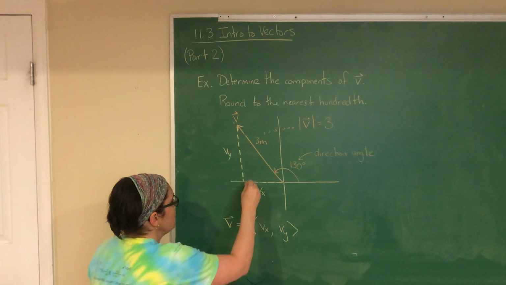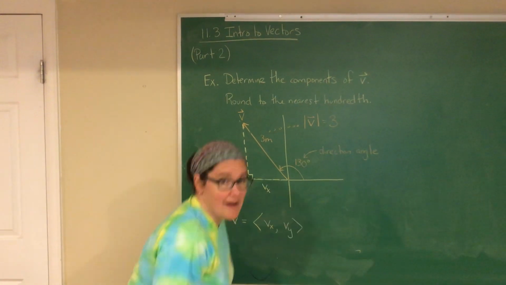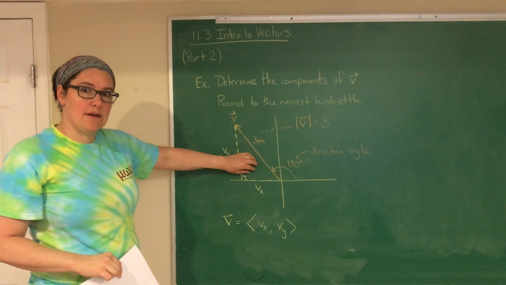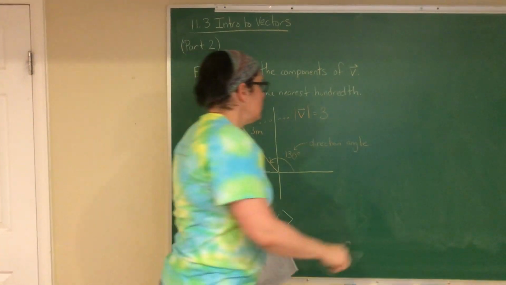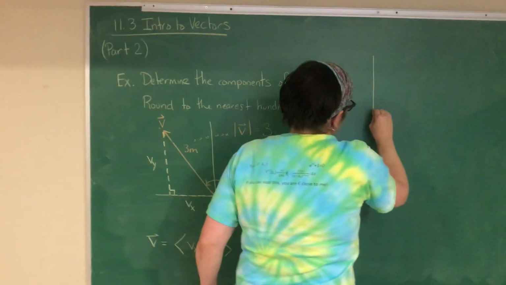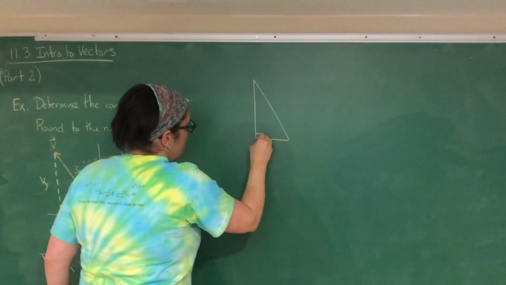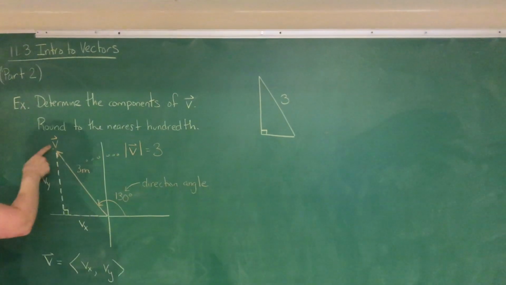Okay, now to come up with these values, there are a variety of ways that I can do this. The way that I personally would like to think about this is I like to think about this triangle that I've created and pull it out of the picture. So here is our triangle. And in this triangle, I know that the hypotenuse has a length of 3.